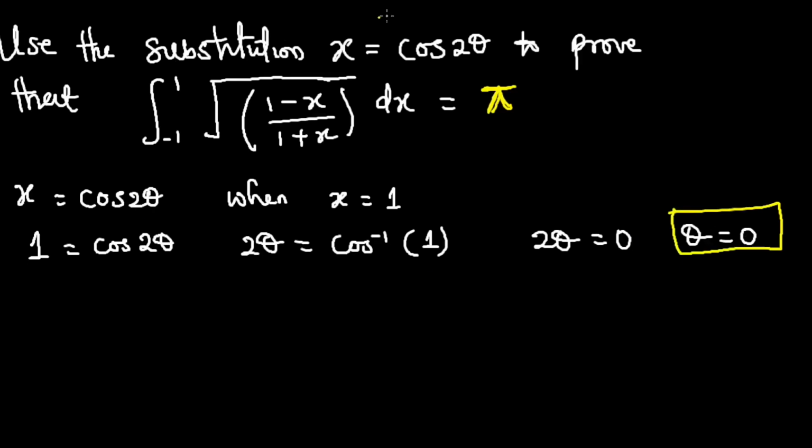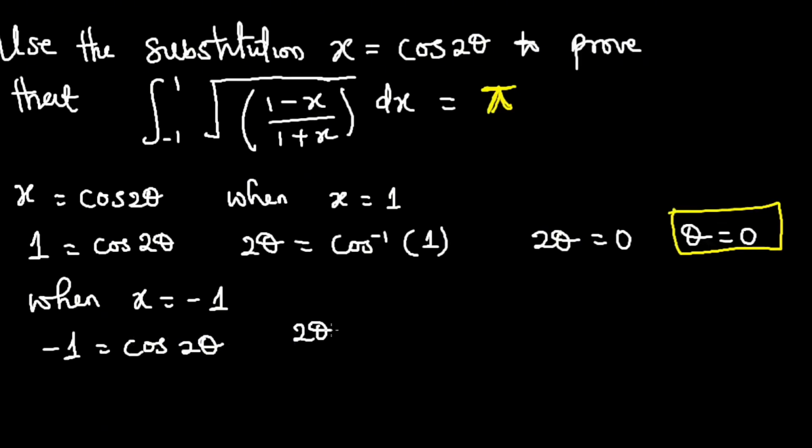Then for when x is equal to -1, I'm going to do the same thing by saying -1 is equal to cos of 2 theta. Then I'll just say 2 theta equals the arc cos of -1.